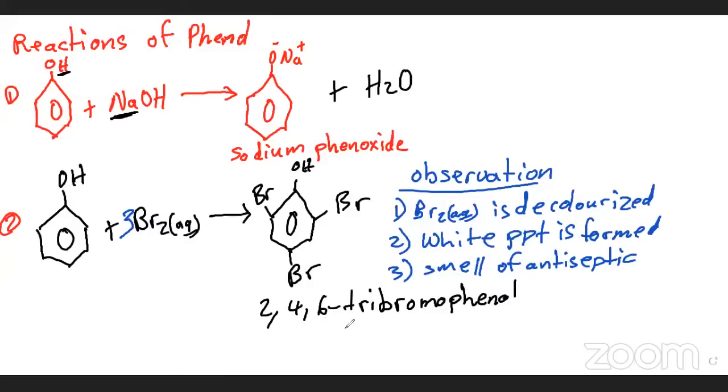You should get this as well. But the major product is tribromophenol. And for this, it is the sodium phenoxide. So there are 4 reactions of phenol that you must know. These are the first 2.